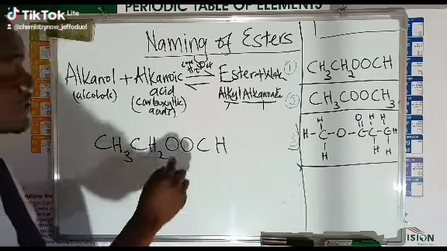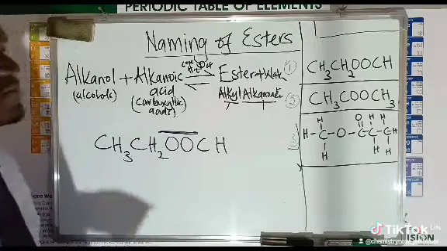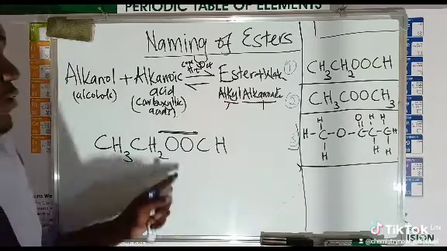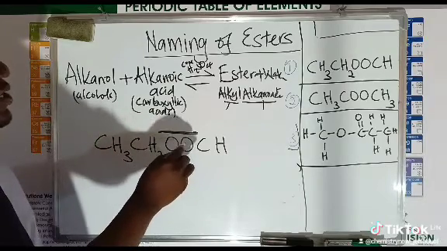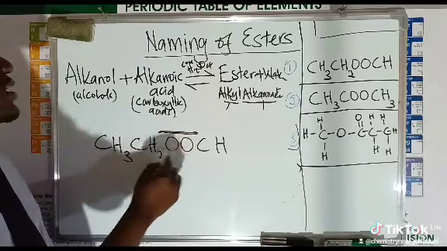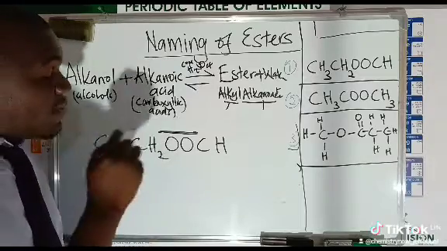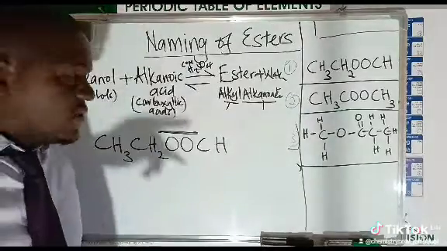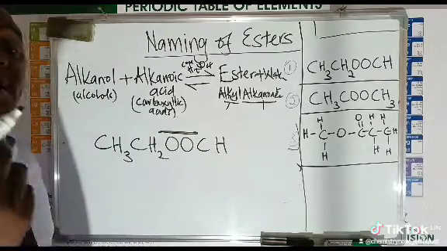You first focus on the two oxygen atoms. Esters always have two oxygen atoms. Now, when you focus on the two oxygen atoms, then I want you to focus on the two carbons bordering the two oxygen atoms. Now, this is the rule. The carbon that has the lowest number of hydrogen atoms is from the acid.